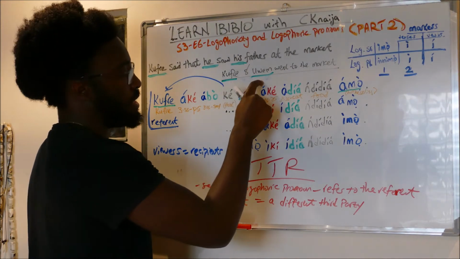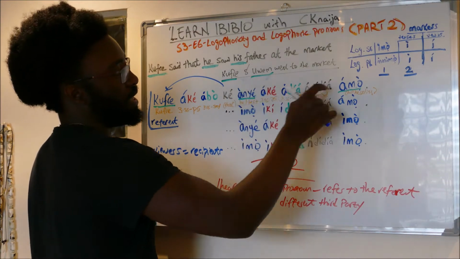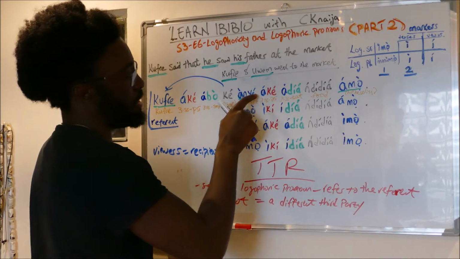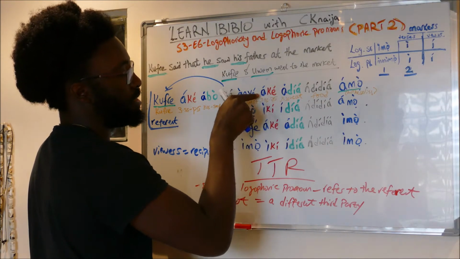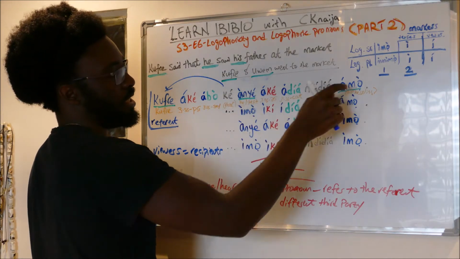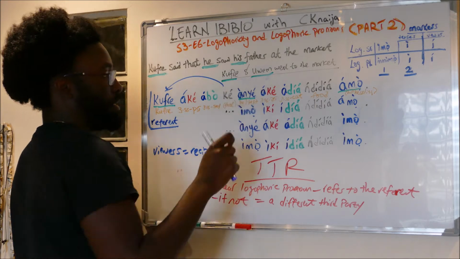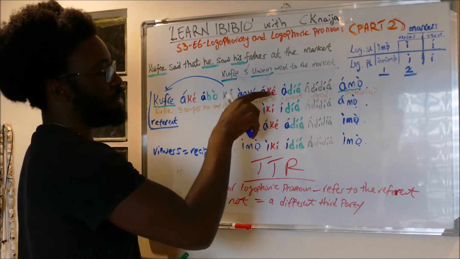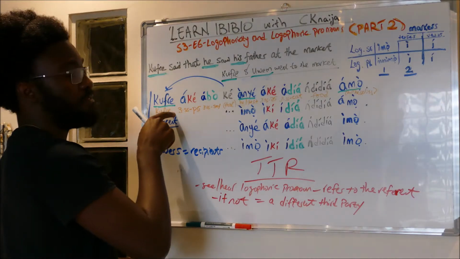And then again we see here, anye ake adia. Okay, there is no logophoric pronoun. The first letters of these words, the compound words, are the markers for the third person singular, and they're not the logophoric ones. Okay, so we recognize that there is no logophoricity being used here, so we know that we're not talking about the referent.